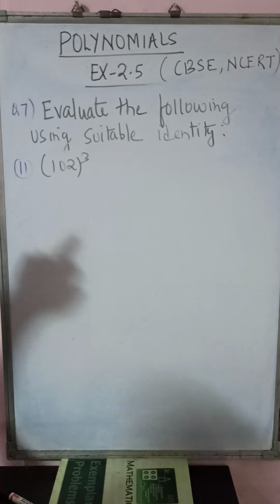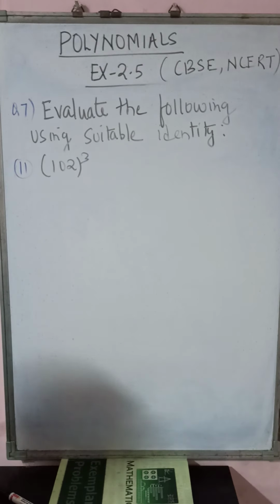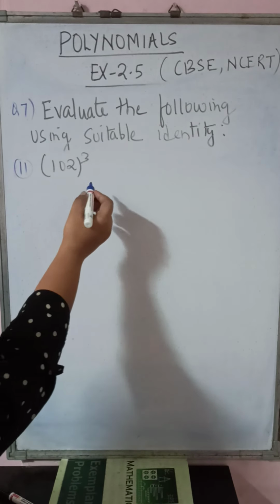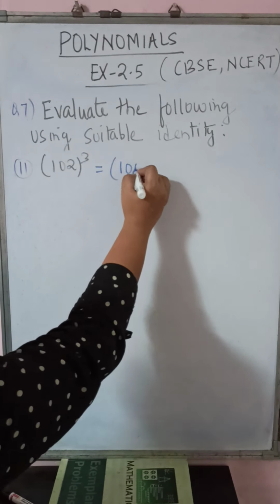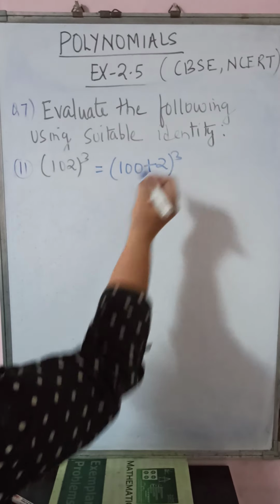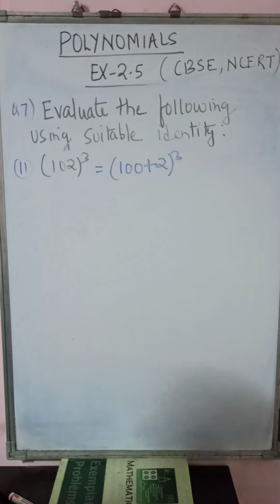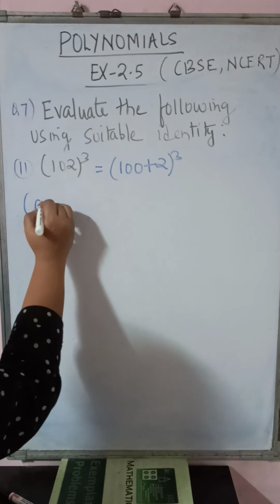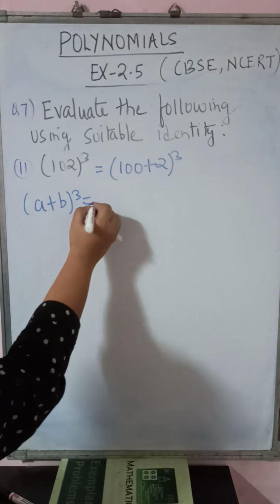Next question. Evaluate the following using suitable identity. This is the second part we are going to do. So again, 102 whole cube can be written as (100 plus 2) whole cube. Now I have converted it in the form of an identity. Which identity? (a plus b) whole cube.